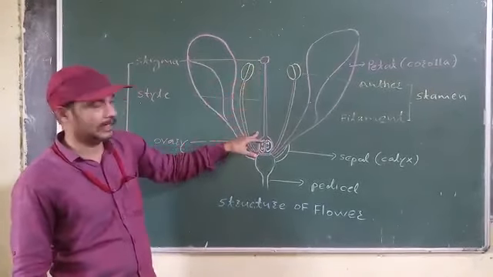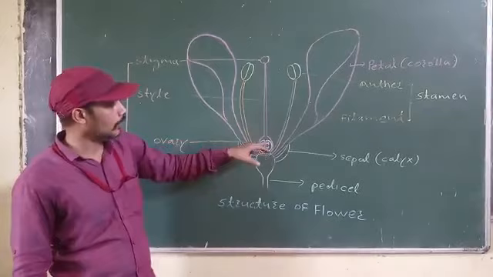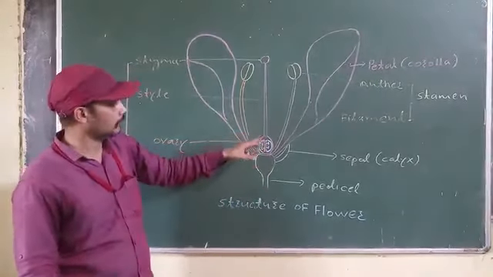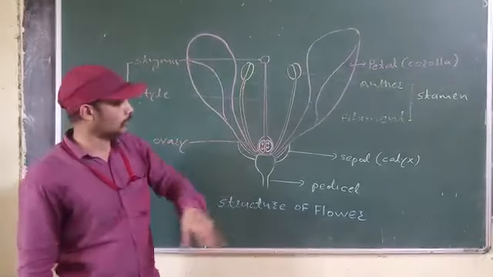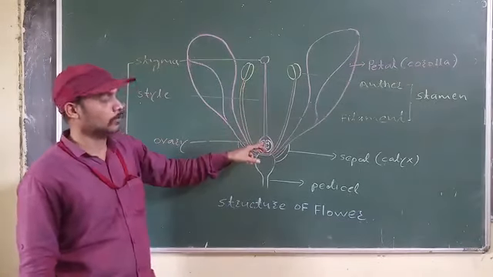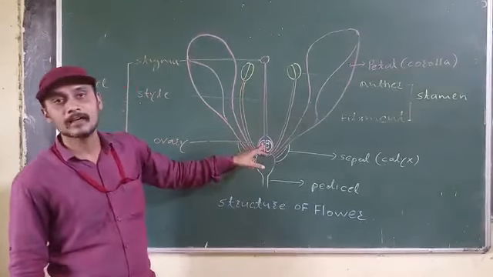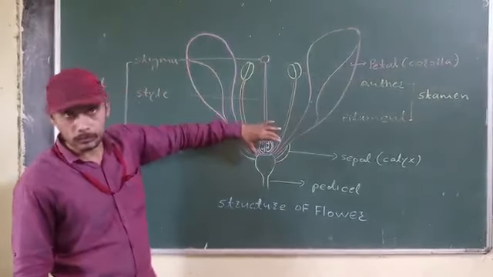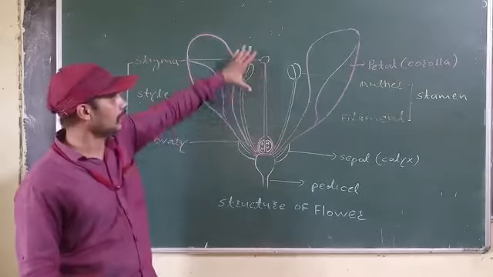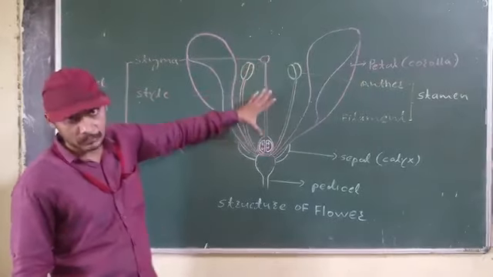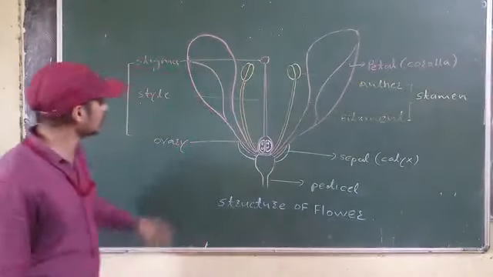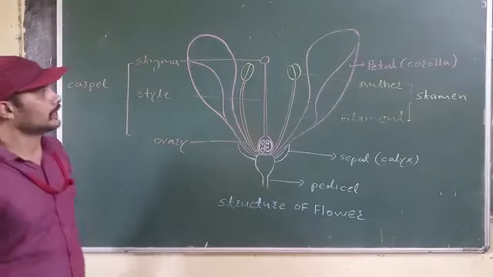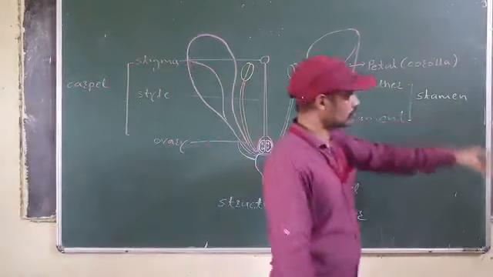And the ovary is where ovules are located, and the formation of seed, the fertilization process, takes place in the ovule, which is located in the ovary. So that is the carpel, and it is also called the gynoecium, or the female floral whorl.